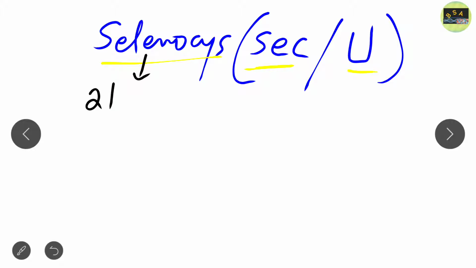The structure of selenocysteine is similar to that of cysteine. If you look at the structures of cysteine and selenocysteine, you will find they are very similar. As you already know the structure of cysteine, this is the group and this is the hydrogen.